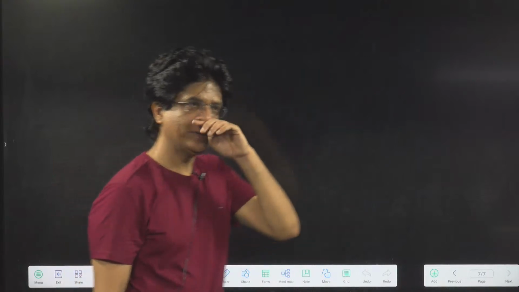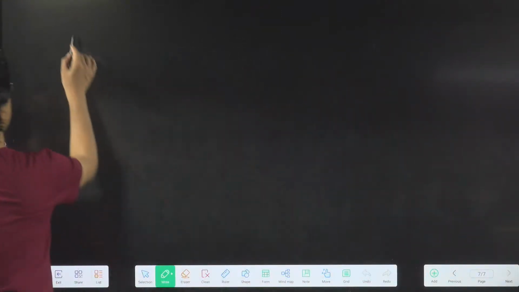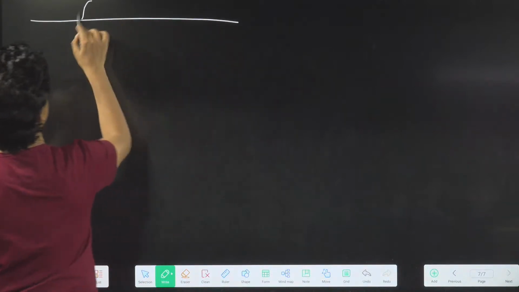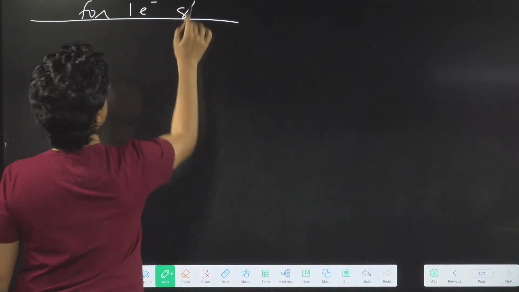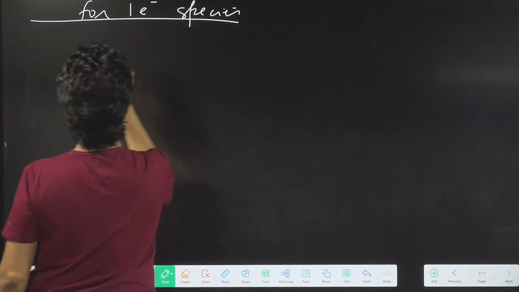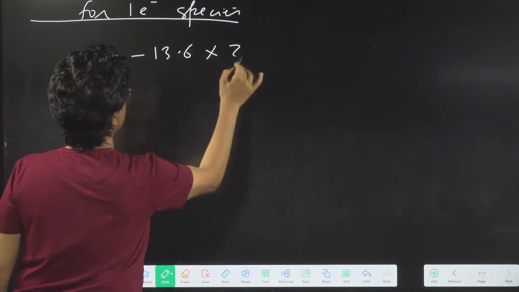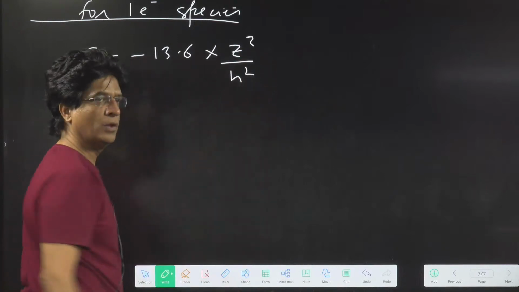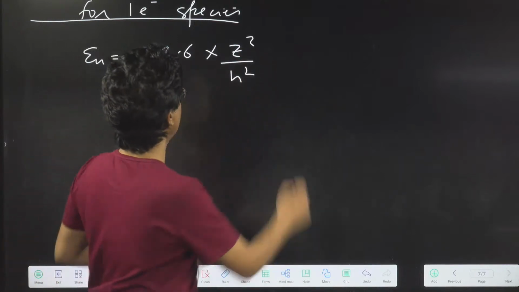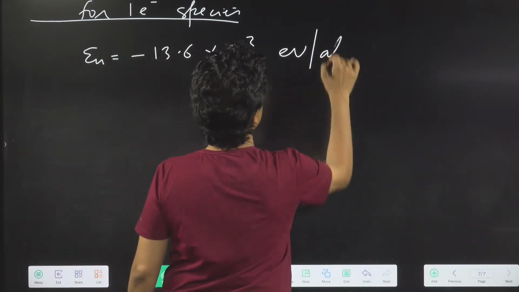Having done that, now let's do a formula which will be very useful for us. For one electron species, En is given as minus of 13.6 into Z square upon n square. When we put those values, we get this value, and the unit is electron volt per atom.